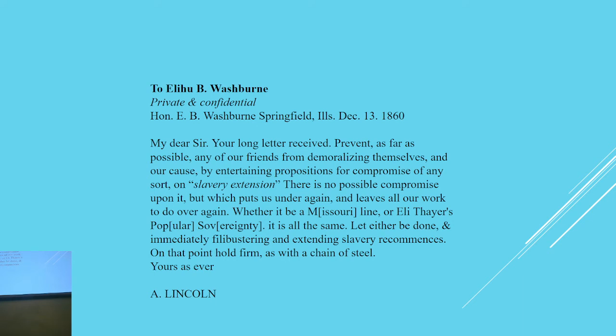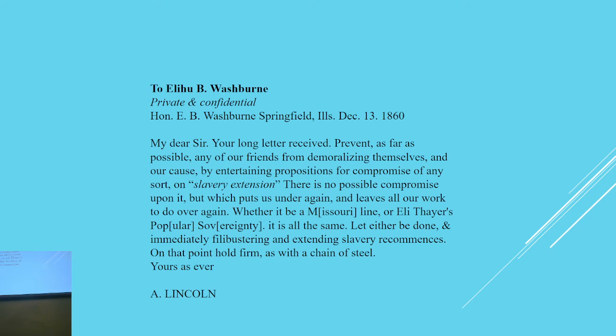Elihu Washburn writes to Lincoln in 1860 asking him where there can be compromise. And he says, as you see, prevent as far as possible any of our friends from demoralizing themselves and our cause by entertaining propositions for compromise of any sort on slavery extension.